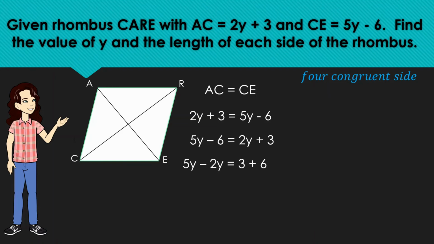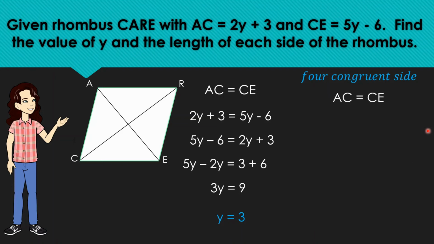So change the sign of 2y, it becomes negative 2y, and change the sign of negative 6, it becomes positive 6 on the right side. So 5y minus 2y is equal to 3 plus 6. Then 3y is equal to 9. Divide by 3, then our y is 3.